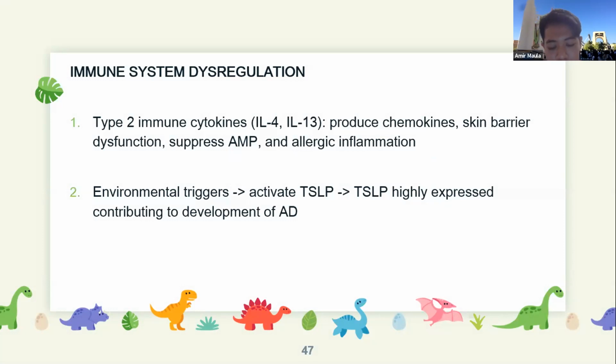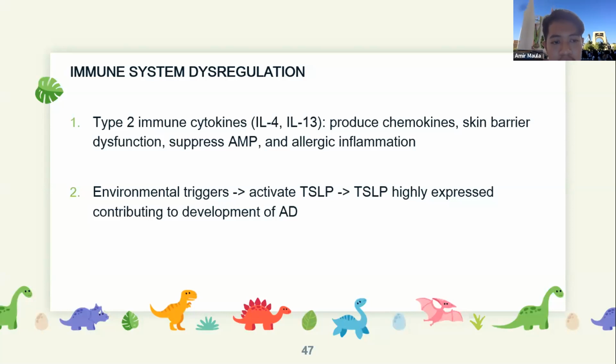The antimicrobial peptide is important for host defense and control of physiological functions, for example inflammation and wound healing. So when it is dysregulated and suppressed, this causes a lack of host defense and a higher predisposition to colonization by microbes.